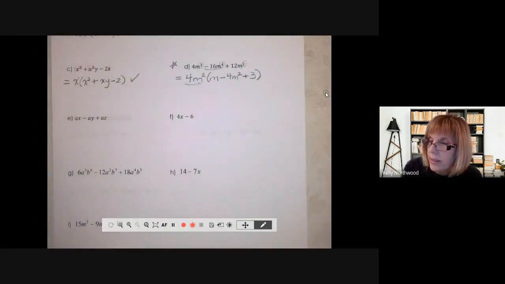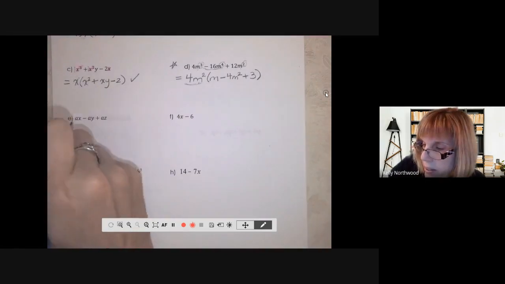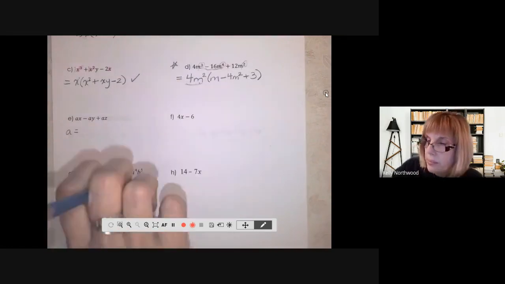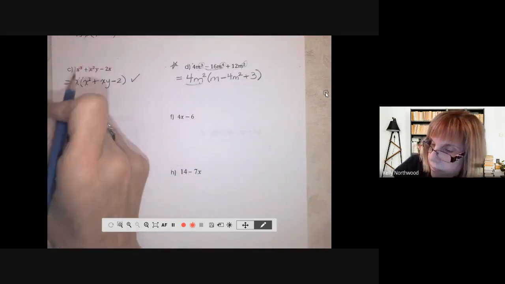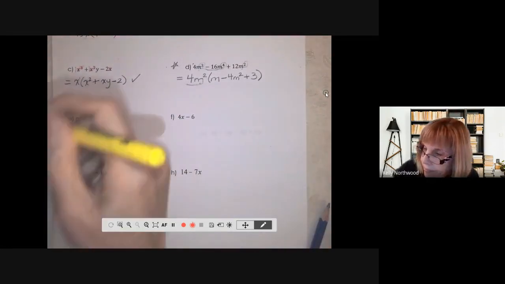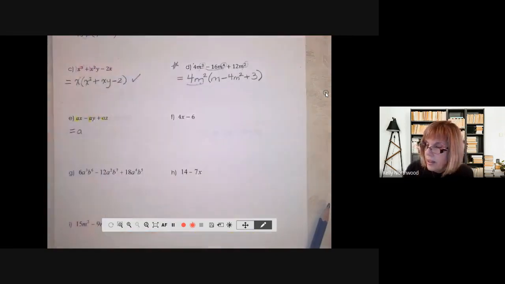E maybe looks hard because there's no numbers anywhere, but it's actually not too tricky because the greatest common factor is just A. A is the only thing in common with all three terms. Oops, put my equal sign on the wrong side. So A is common, whereas X is only in one of the terms, Y is only in one, and Z is only in one.